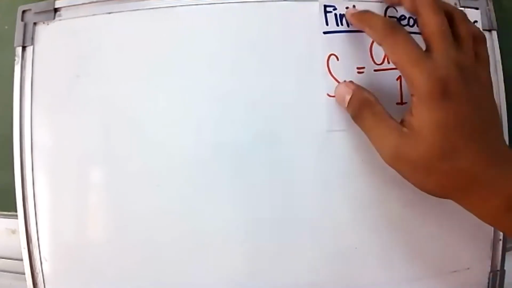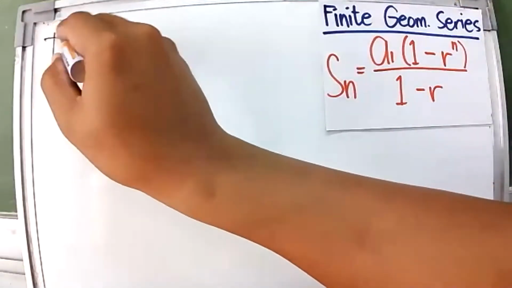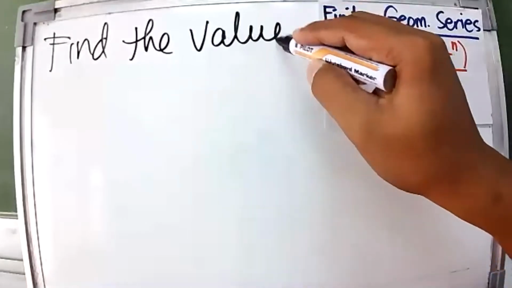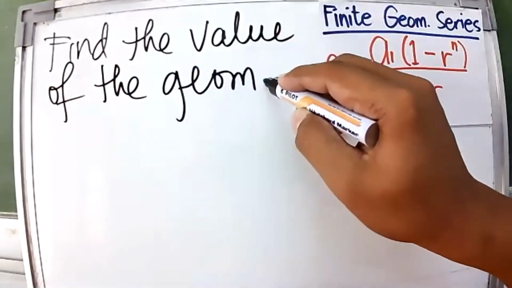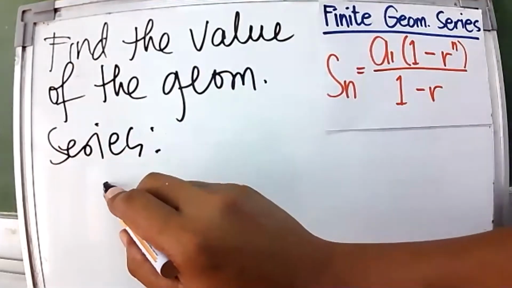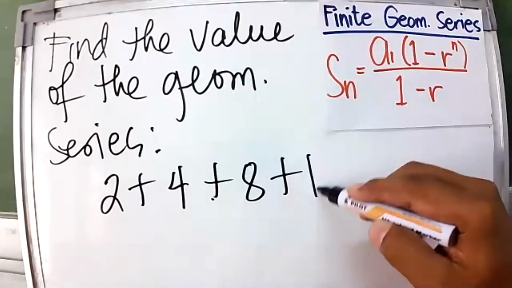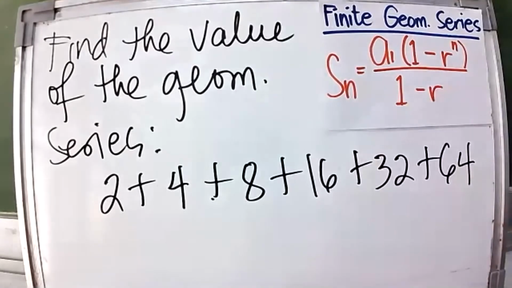Okay, but before this formula, let's have first the simple geometric series. For example, find the value of the geometric series: 2 plus 4 plus 8 plus 16 plus 32 plus 64.